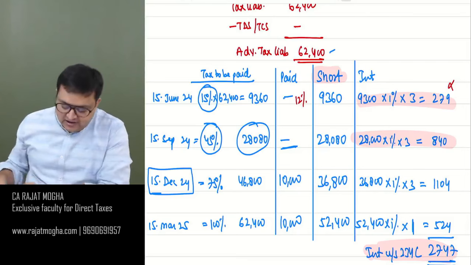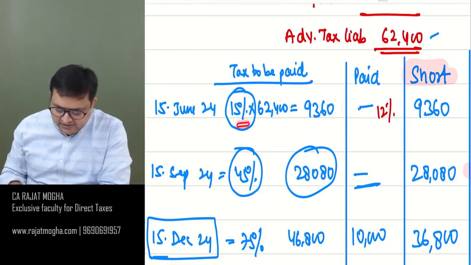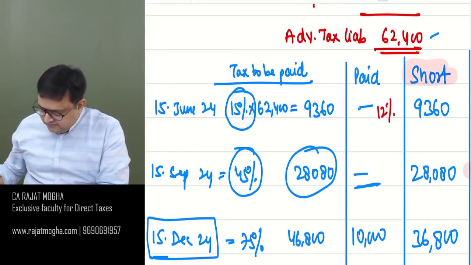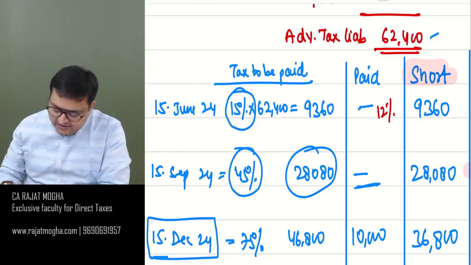So guys, how much is the government requiring? 9360. This is 15%. Just tell me how much is 12% of this? 62,400 into 12% is 7488.